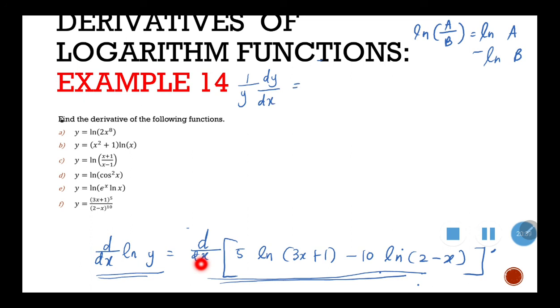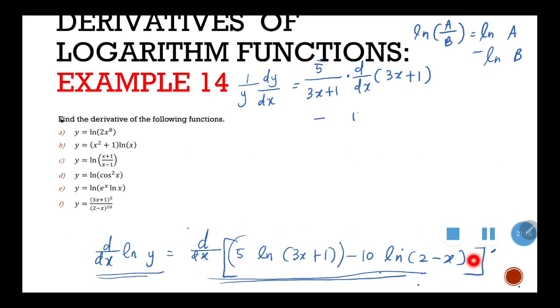And the d/dx of 5 ln for this part here. Remember, when you derive ln, because 5 is outside the ln factor, it is 5 over whatever function is in the bracket, which is 3x plus 1, times the d/dx of whatever function is in the bracket, which is 3x plus 1.